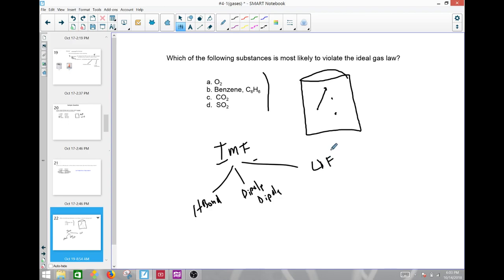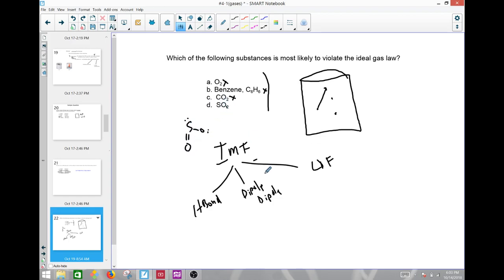Okay. And as I glance up on here, the first thing I look for is a dipole. Yeah, but this one cancels, nothing there. I have a dipole, but it's a linear molecule, so it's going to be nonpolar. This guy has a dipole. It would have a bent configuration, so it would not be linear.